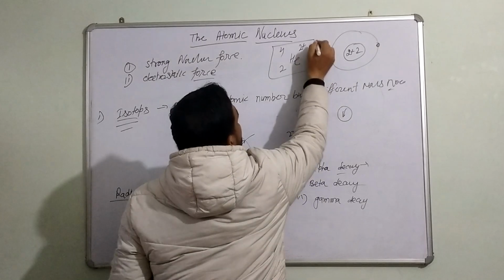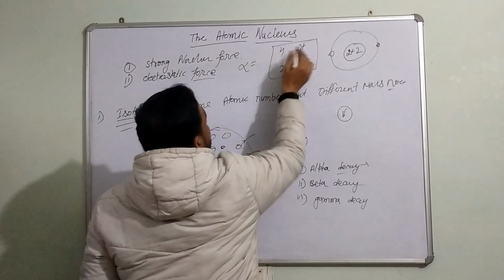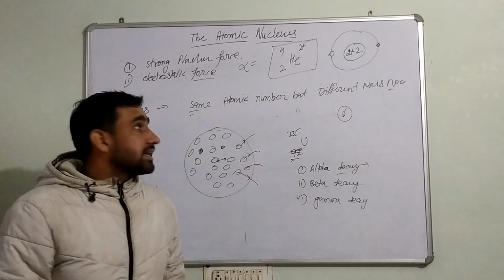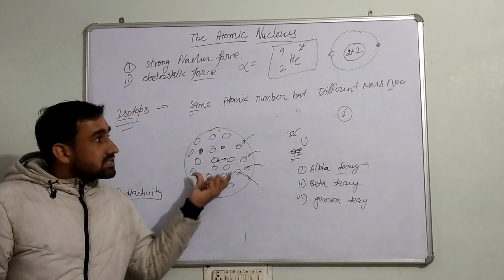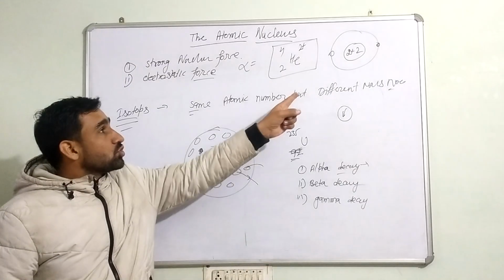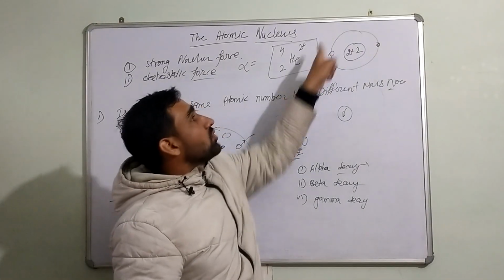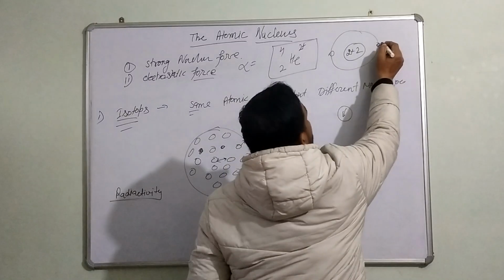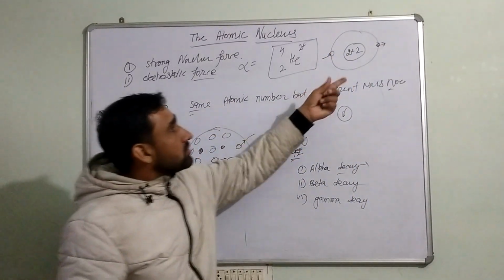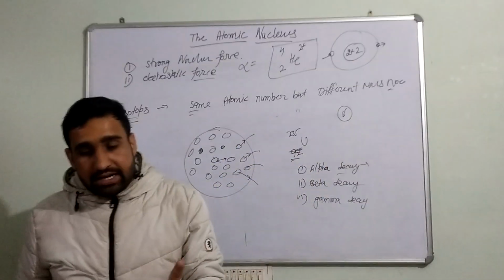This nucleus is known as an alpha particle. So if we increase the size of the nucleus, there is a possibility of an alpha particle being emitted, with 2 protons and 2 neutrons, no electrons. We removed those, so there are only protons and neutrons.